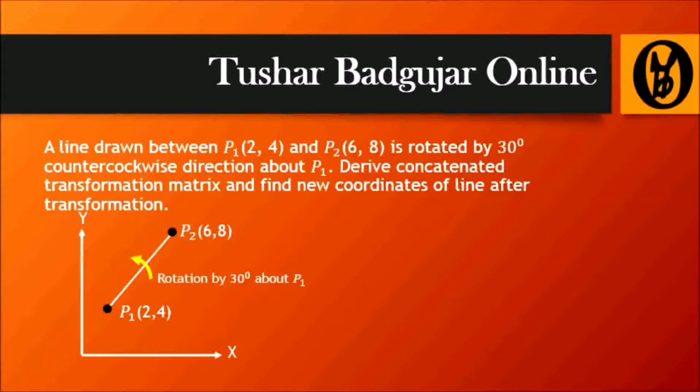Derive the concatenated transformation matrix and find the new coordinates of the line after transformation. In this numerical, we are given the coordinates of two endpoints of a line, P1 and P2, and the rotation angle about point P1.